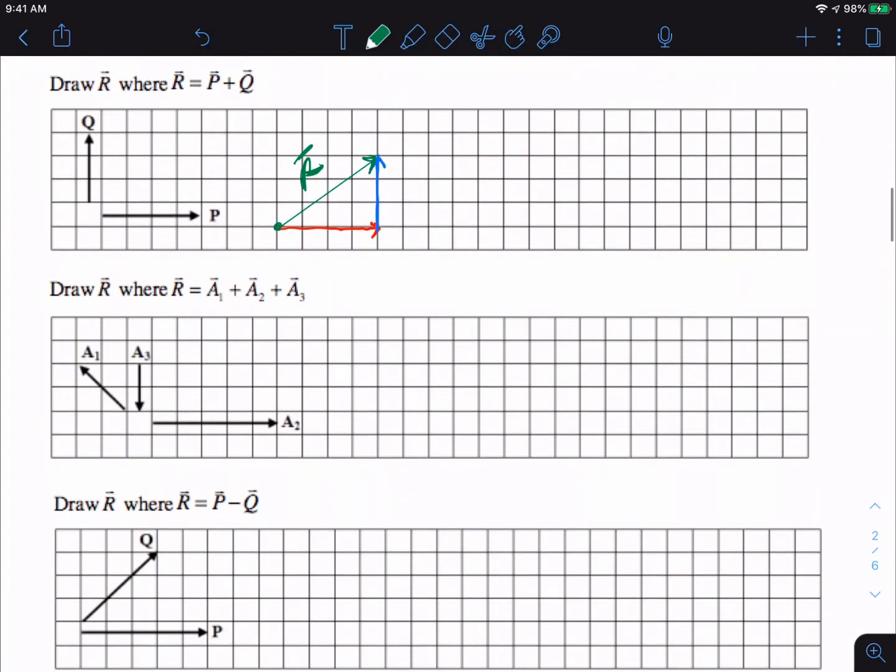So the next one is asking for 3 vectors to be added. So we're going to do that. So it's A plus A1 plus A2 plus A3, right? So we need to follow that order. So I'm going to go, okay, I'll start here. I need to go diagonally. That's A1.